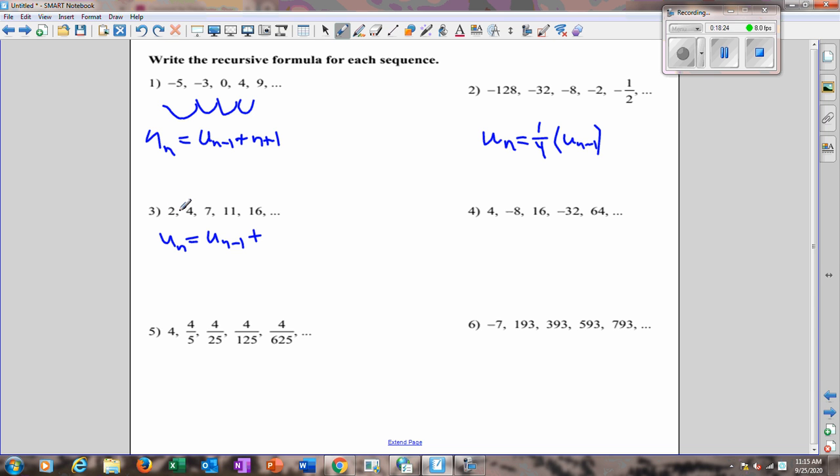So if I'm taking my first term and trying to get to the second term, I'm actually adding 2, or my n, to it. So that's just plus n. So to find the second term, I take the first term, which is 2, plus the number of the term, which is the second one, and it goes like that, continuously forever.